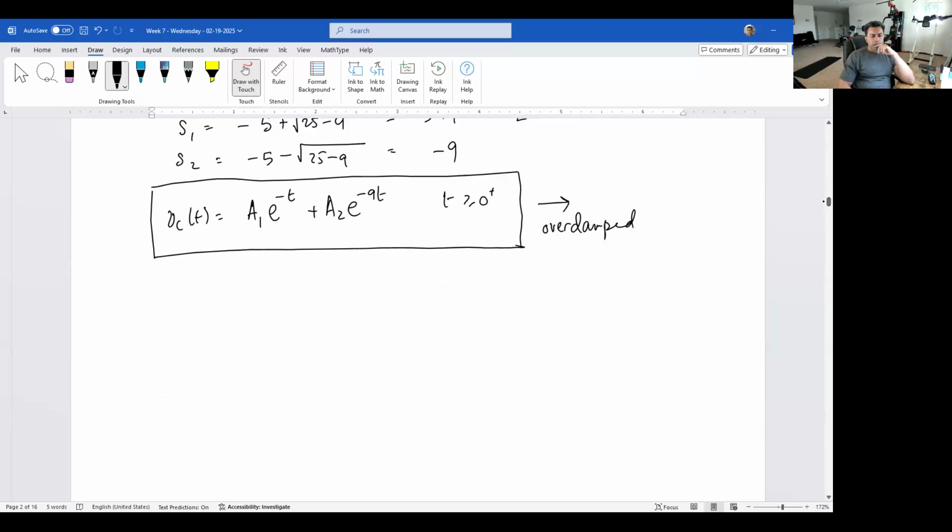Now we use the term significant root, or significant frequency.